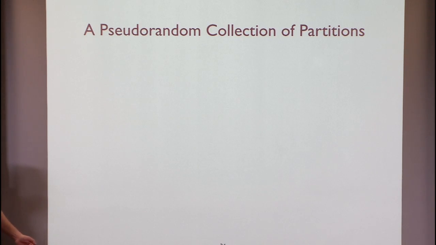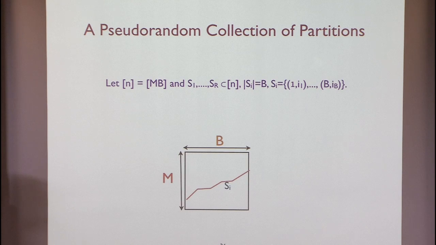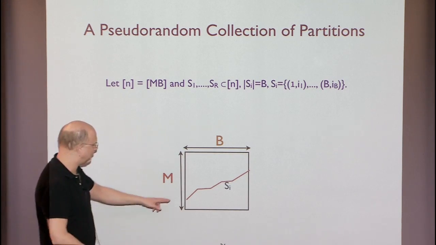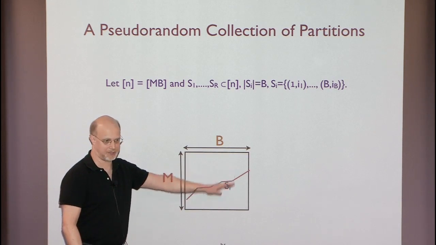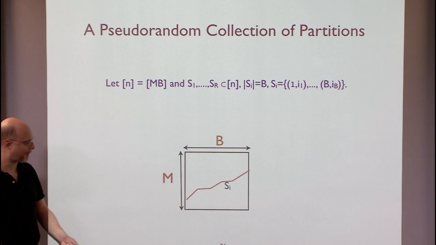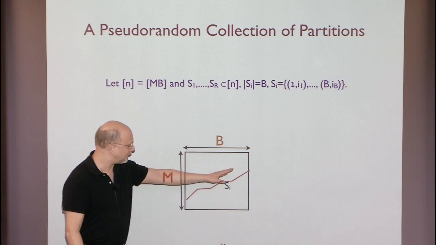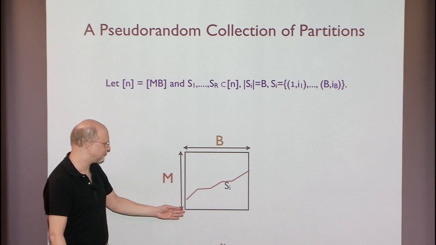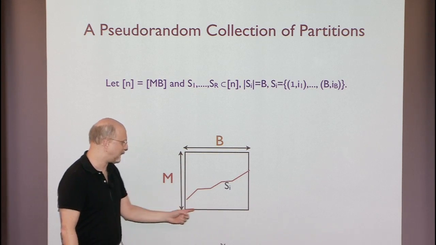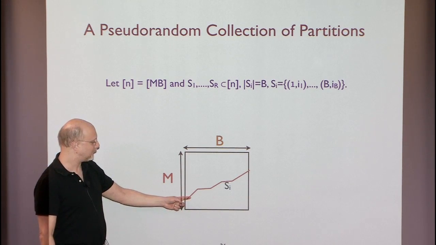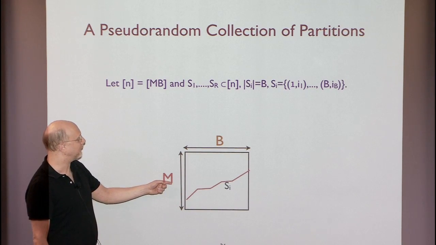So how are we going to do that? Well, let me show you how to convert a function into a partition. So here's a function from 1 through b to 1 through m. For each element in 1 through b, it maps to one value in 1 through m.